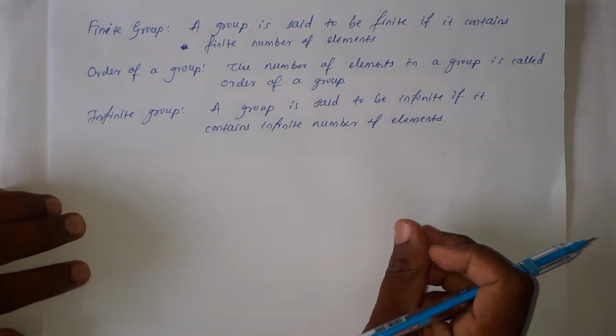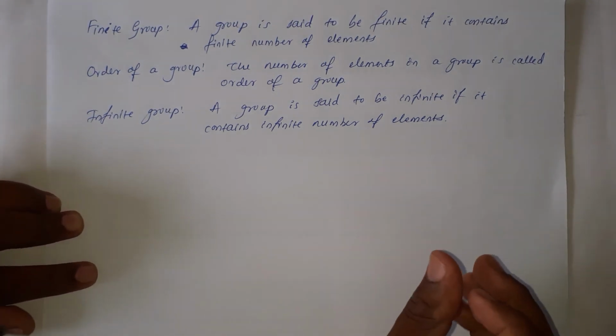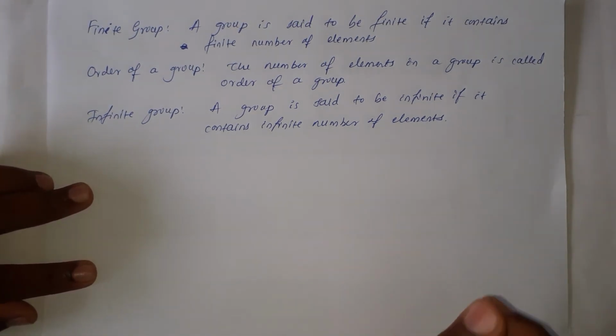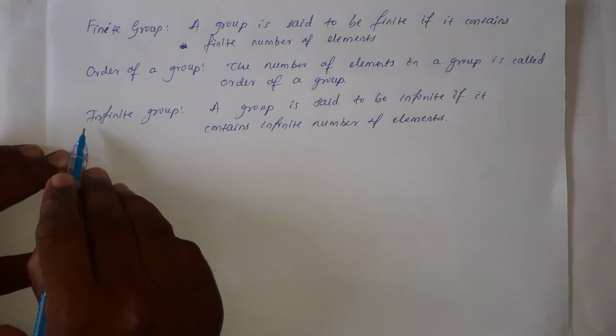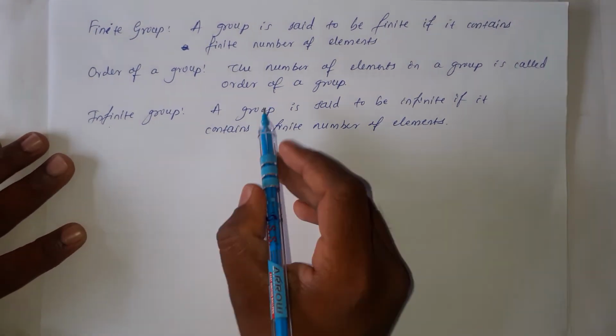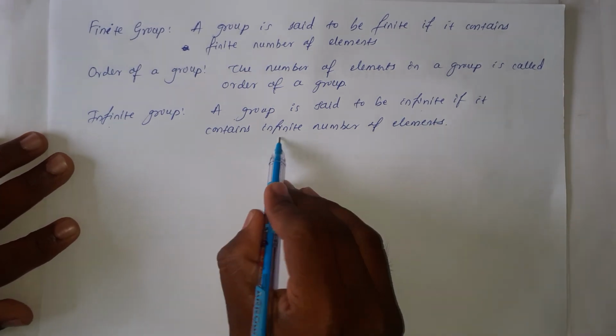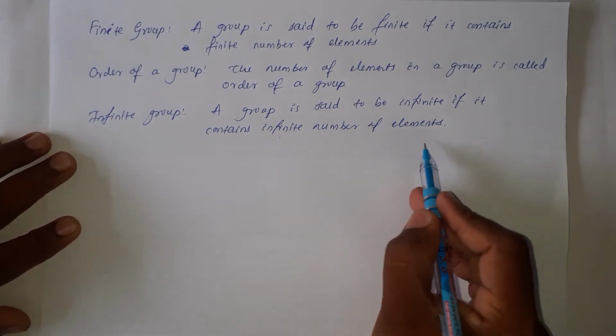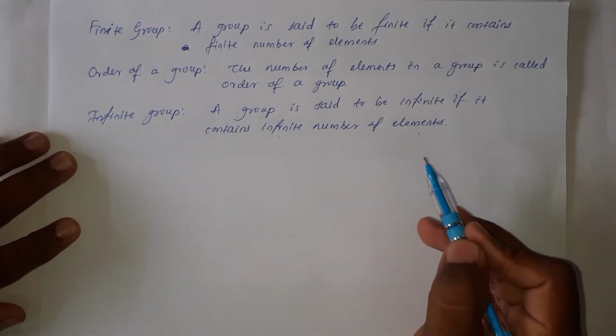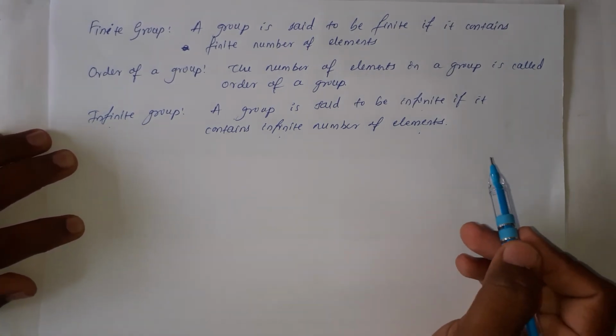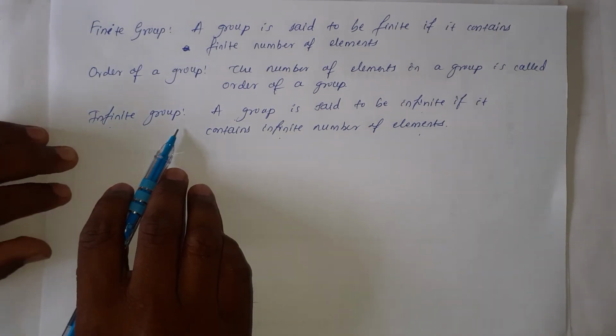Suppose a group contains 2 elements, then the order of the group is equal to 2, like that. The next, infinite group. A group is said to be infinite if it contains an infinite number of elements.